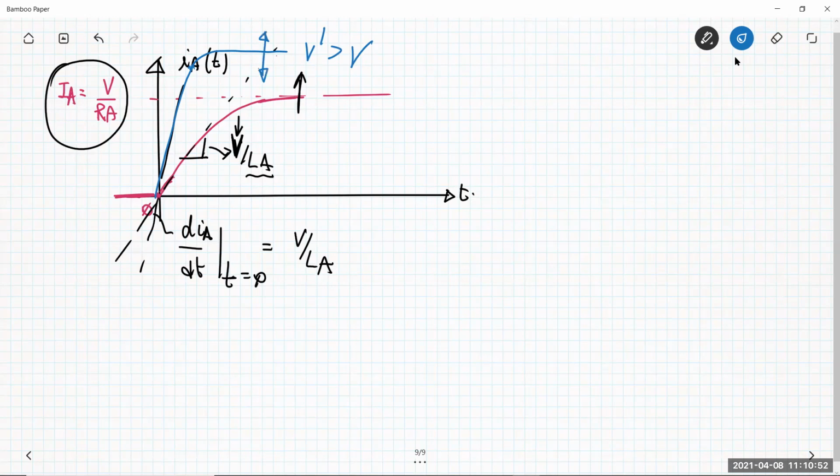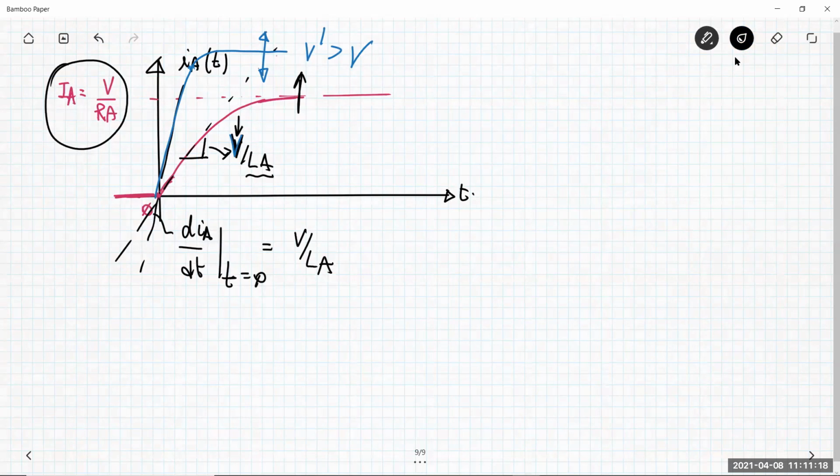You cannot act too much on the rapidity of this current, and you have no more action to increase this variation.